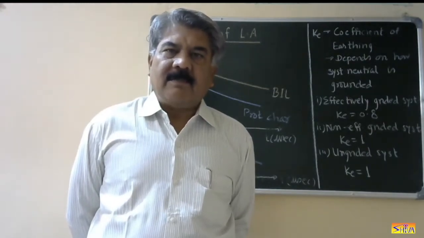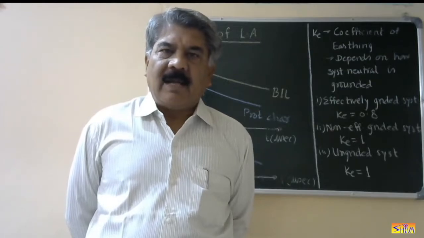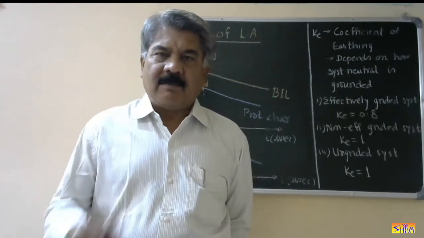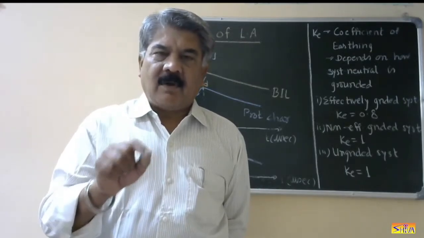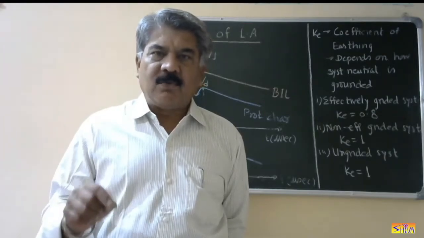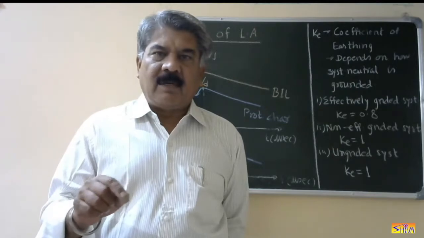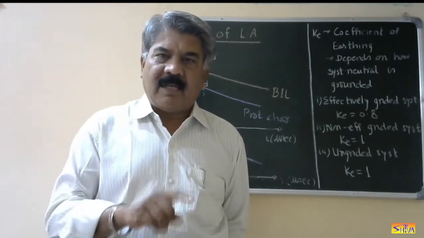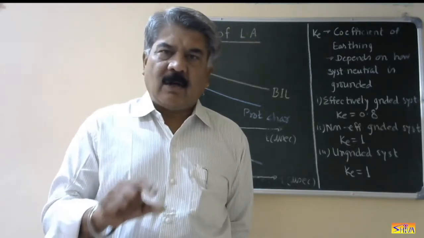It is the system in which during fault condition the line to ground voltage of the healthy phase, suppose A, B, C phases are there and there is a fault of B grounded, or simply B to C, or B grounded or C grounded. So if it is B grounded or BC fault, then phase A will be the healthy phase. So in that case, we consider the line to ground voltage of the A phase.